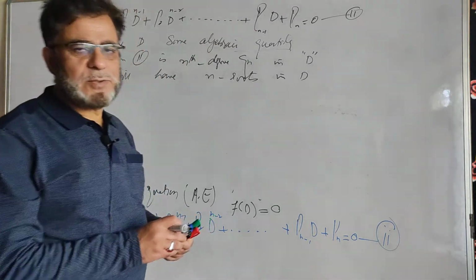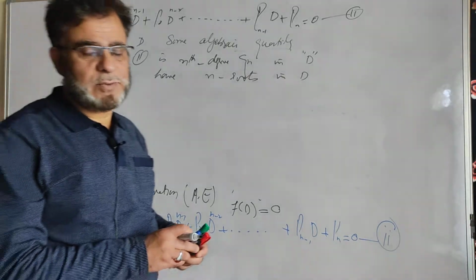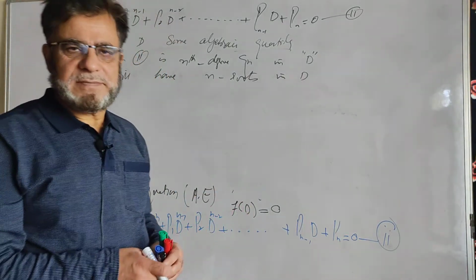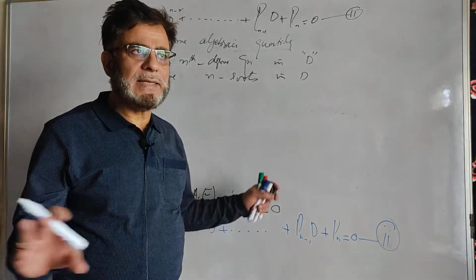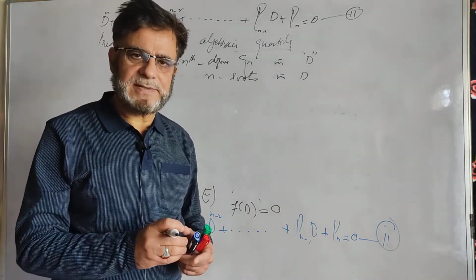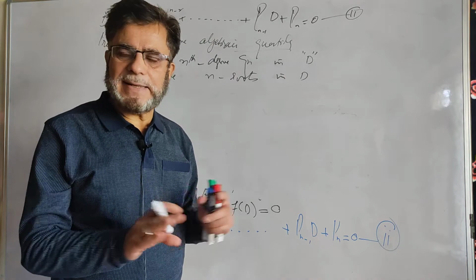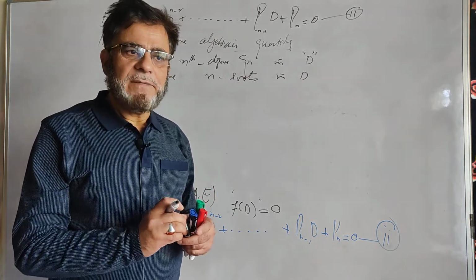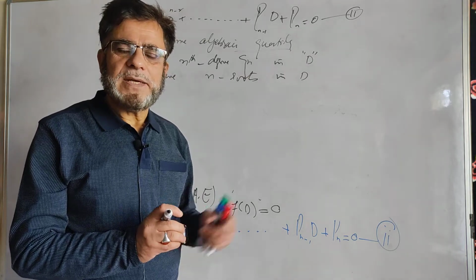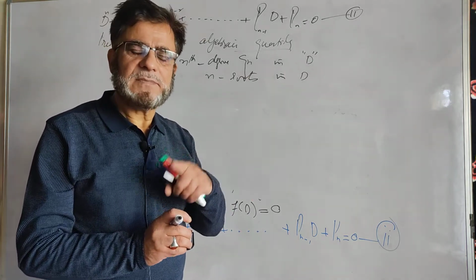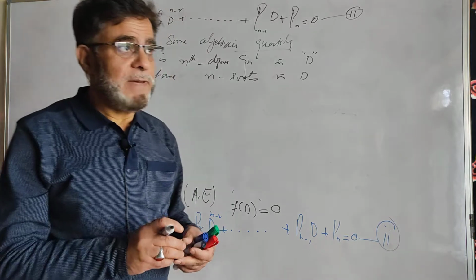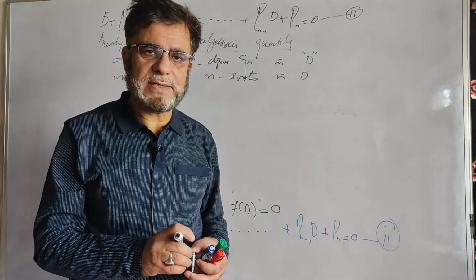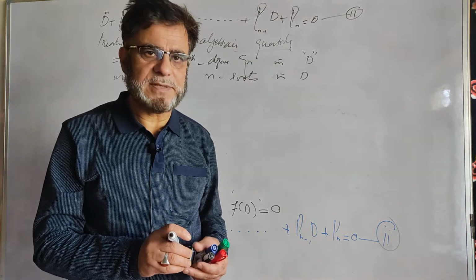Now these n roots are of different nature, and we have to investigate here. When the roots are all real and different, this is one case. When roots are real but some of them may be equal, repeated, this is the second case. When roots are complex, you know that complex roots occur in conjugate pairs.